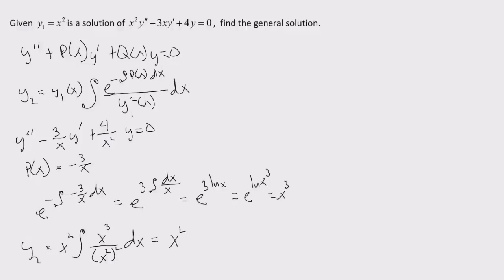So that's x squared times the integral of, and it looks like 1 over x again. So okay, yeah, so dx over x. So that's x squared ln of x. Okay.